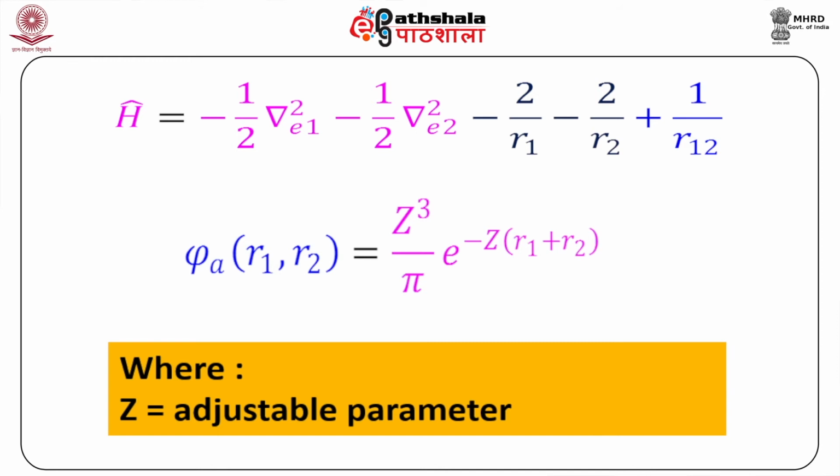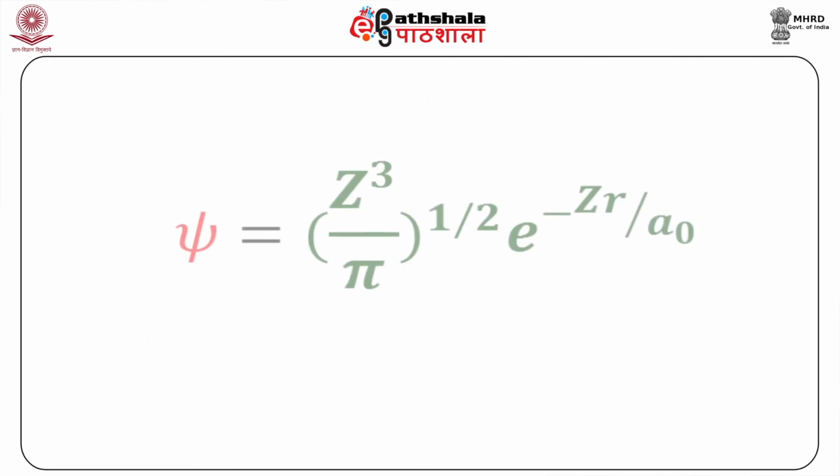If we now consider a one electron system like hydrogen atom or helium ion, wave function is known to be of the form as shown in equation 13. Psi is equal to under root z cube upon pi into e to the power minus zr by a naught, where a naught is Bohr's radius and z is the charge on the nucleus.